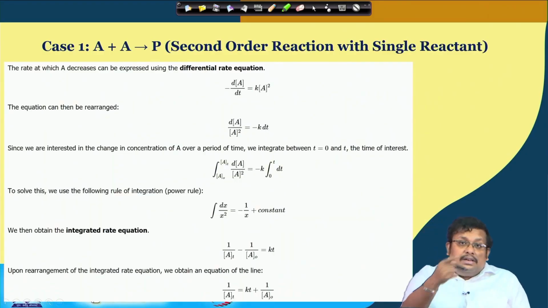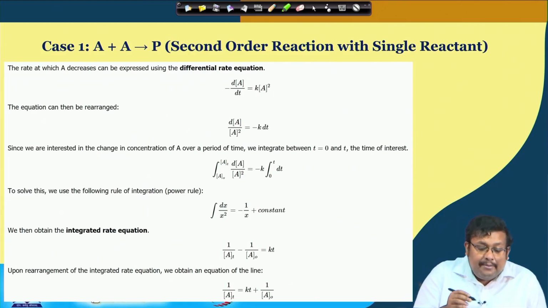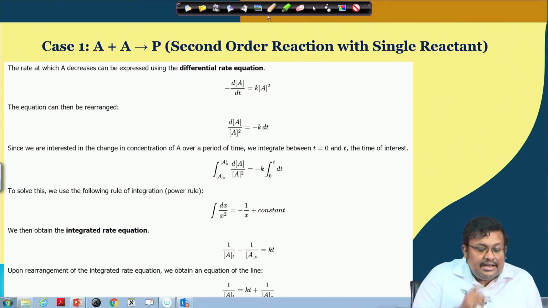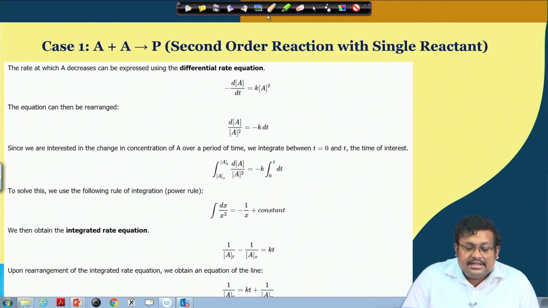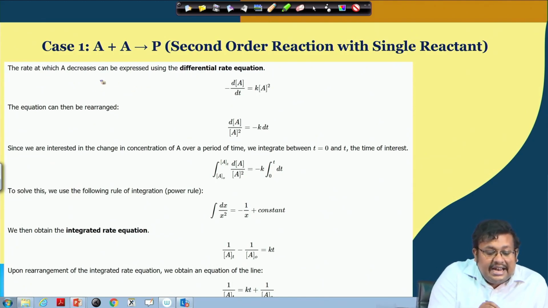Consider case 1 where A plus A equal to P, so here the two reactants are identical: a second order reaction with a single reactant. Let's see the integral formulas. The rate at which A decreases can be expressed using the differential rate equation.